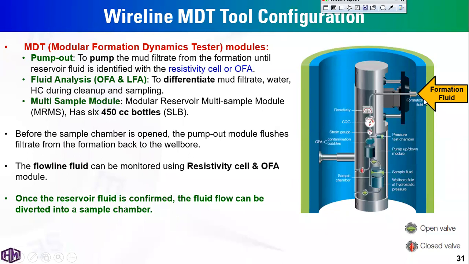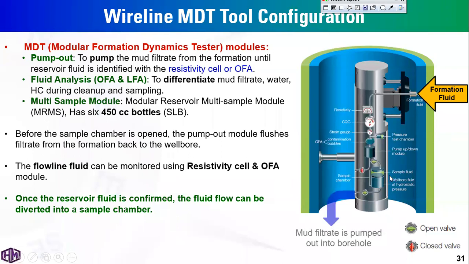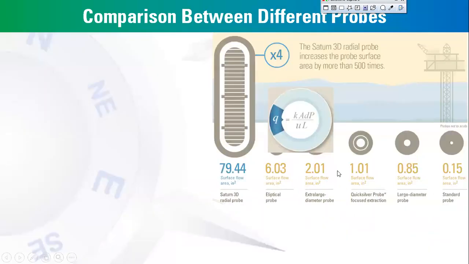The challenges in bottom hole sampling may arise when we have tight reservoirs, where reservoir permeability is low, or the fluid viscosity is high. The solution in that case is to increase the flow area of the sampling probe. So we have a set of probes based on the flow area.